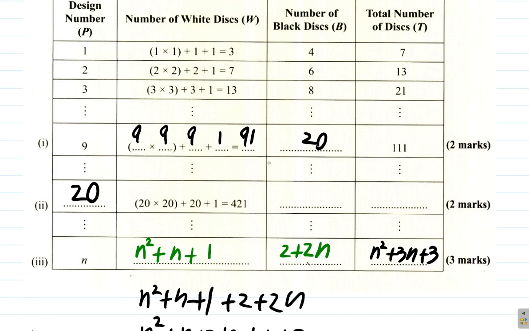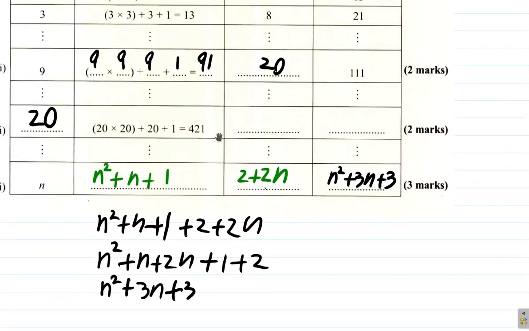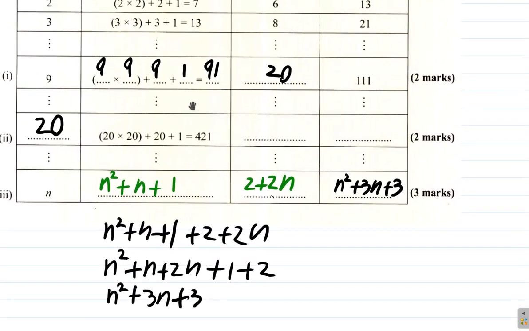Now, here we have 2 plus 2n, and n is 20. So, let us come up with the number of black discs. Here is going to be 2 plus 2 times 20, which is 2 plus 40, which is 42.